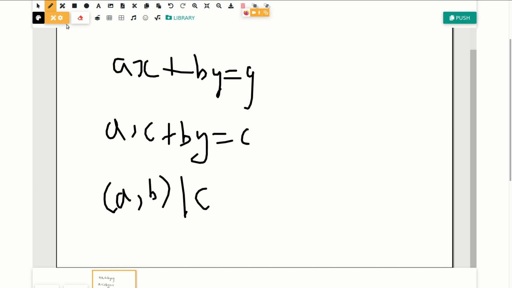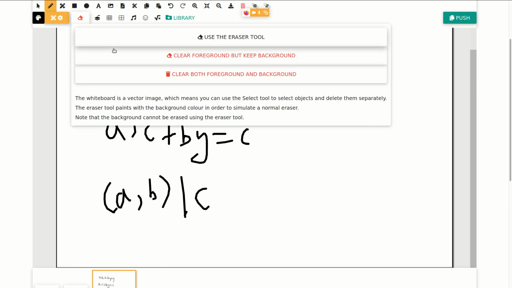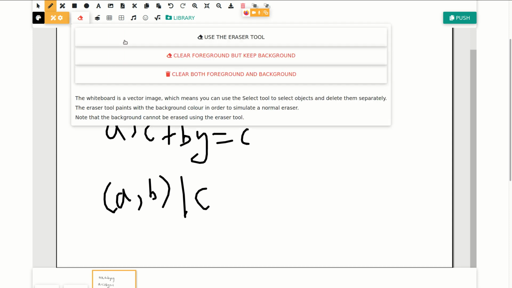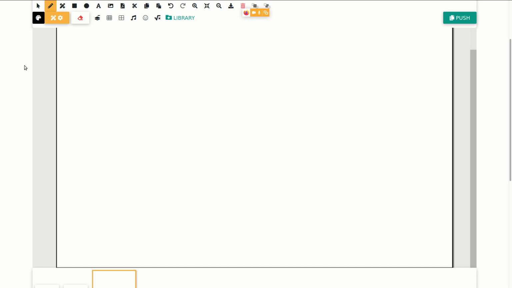This is the underlying property for many of the theorems. Of course the GCD of a comma b divides GCD of a comma b, so we know that a solution will exist for this equation. If you remember how the GCD algorithm ends, we end up at our a value equal to some value, and our b value equal to 0.